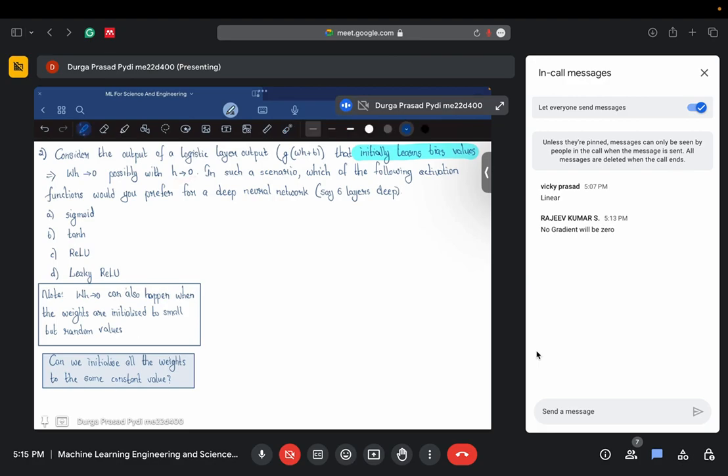What I was trying to say is, say you have an input x, and then it goes through several hidden layers, h1, h2, so on, h6, and finally you are getting an output y hat. At any of these intermediate layers, the output of that layer is Wh plus b, where h is the output of the previous layer.